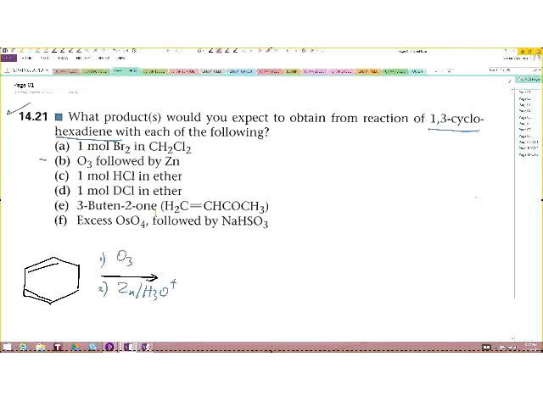Cleave a carbon-carbon double bond. Excellent. What this reagent does is cleave a carbon-carbon double bond, such that the carbon that has a hydrogen atom attached to it becomes the carbonyl of an aldehyde, okay?